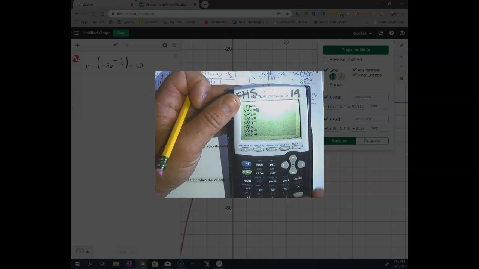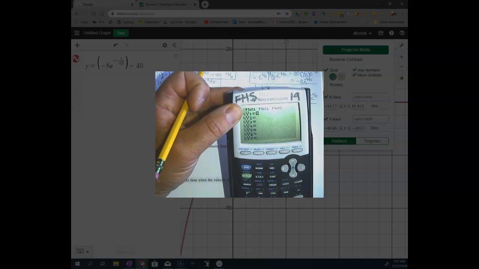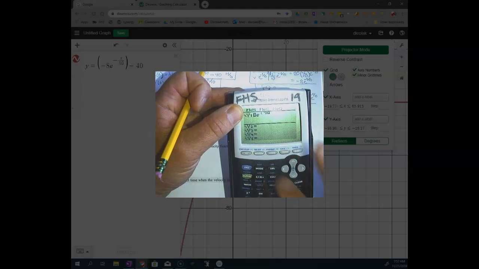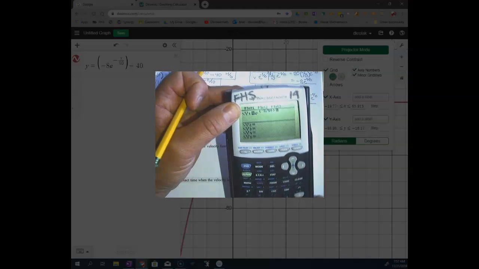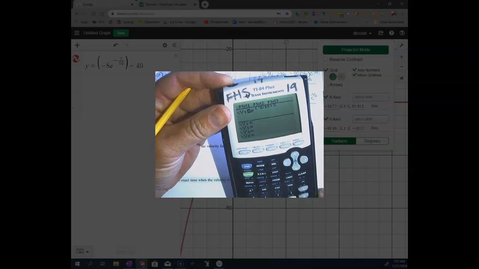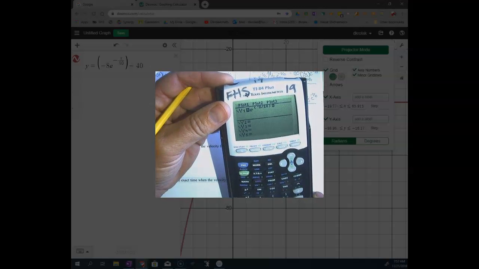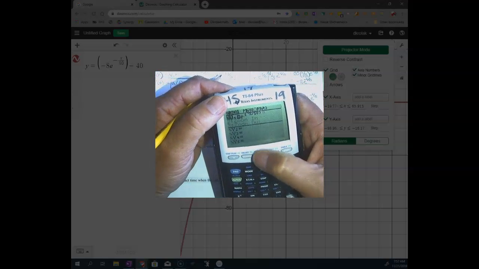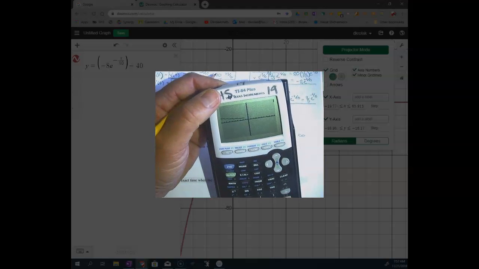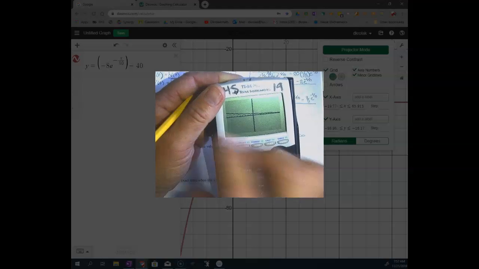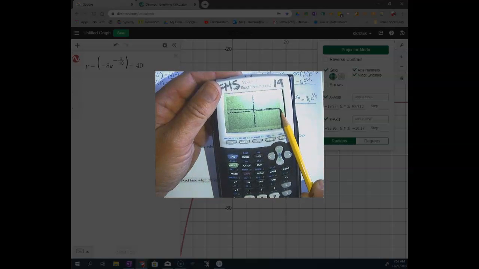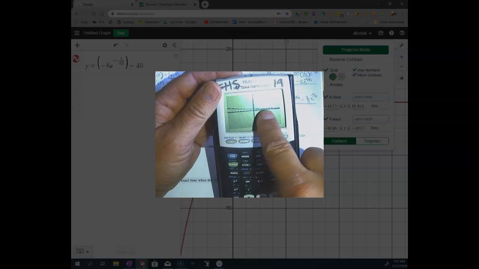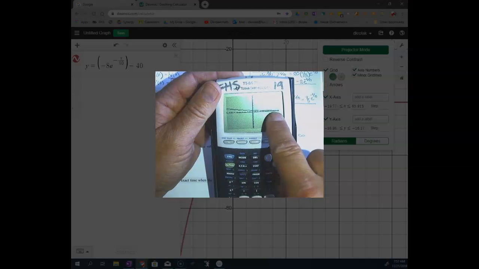So I'm going to type in e, and this then is going to be negative x divided by 10. Now graph it. What does the right tail approach? Here's the right tail all the way over here. As t gets bigger and bigger, what does the y value of this graph do?